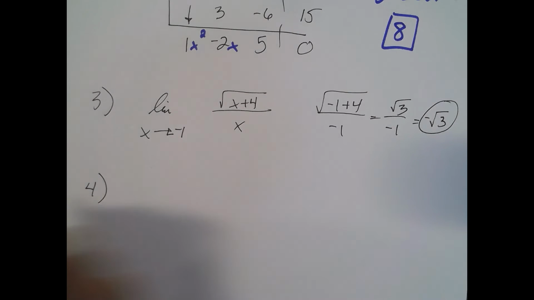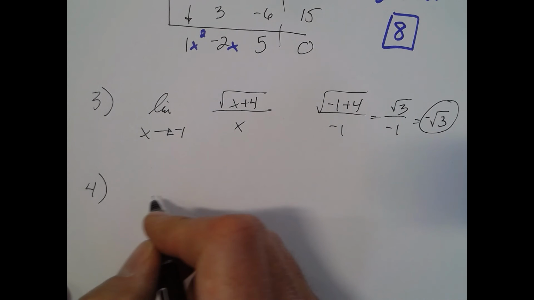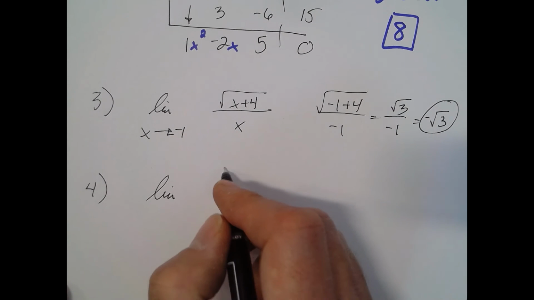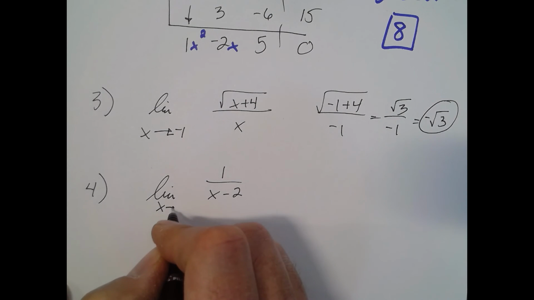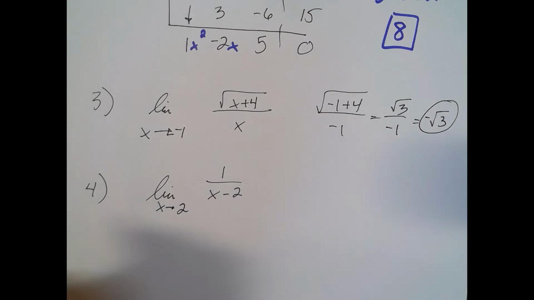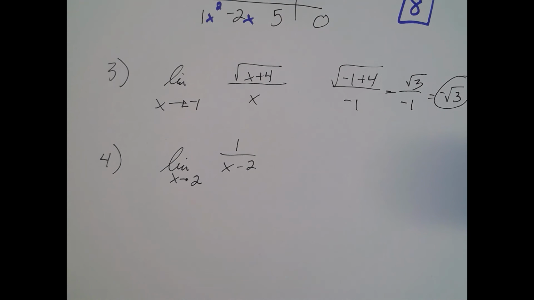All right, last one, then I'll answer some questions if you have them in your assignment. Number 4. There isn't anything to do analytically here. See if you can figure out what the limit is as x goes to 2.